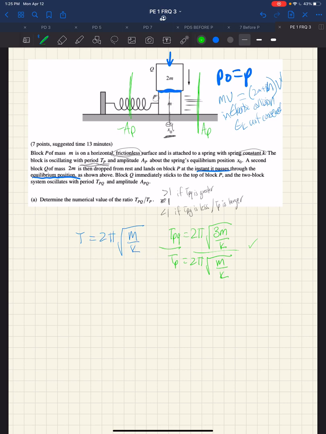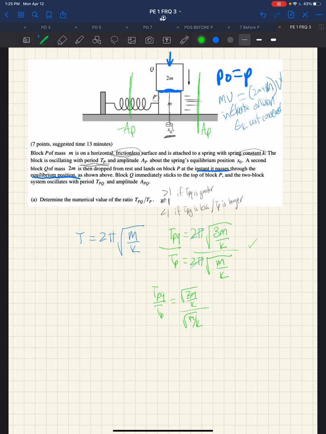So let's walk through this together. The first part should be obvious to everyone: these 2 pi's will cancel. So that means we are left with TPQ to TP is the square root of 3m over k divided by the square root of m over k.